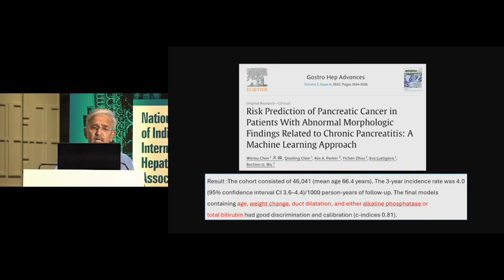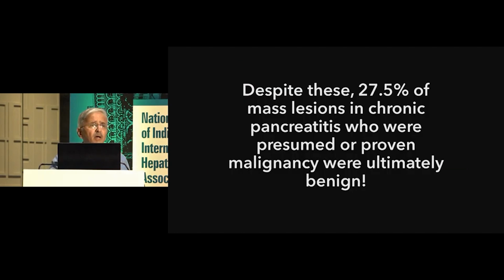Machine learning actually does this using several modules, and we are still far from accurate. Despite all this, in our experience, 27.5% of mass lesions in chronic pancreatitis which were presumed or proven to have malignancy, not proven malignancy, presumed to have malignancy, were ultimately benign. And that shows that we have obviously not got it right.